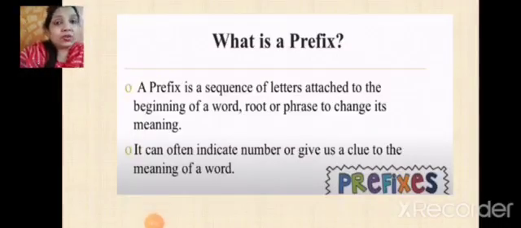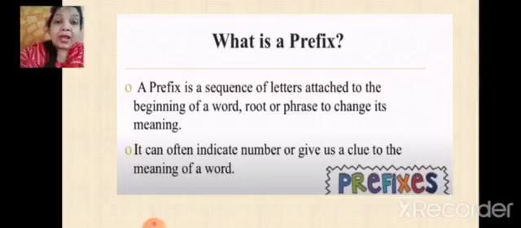So the question is, what is a prefix? A prefix is a sequence of letters attached to the beginning of a word, root or phrase to change its meaning. It can often indicate numbers or give us a clue to the meaning of a word. Something like the way we say bicycle.